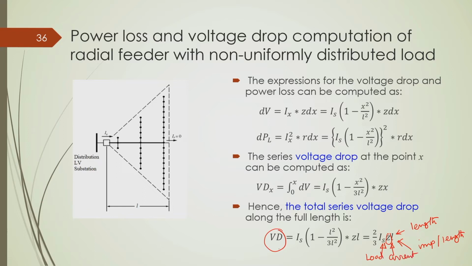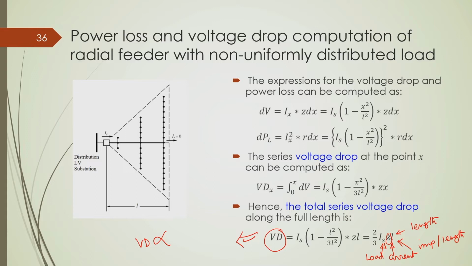So, thereby, for this voltage drop expression, since as I have shown you z is almost constant, we ignore it. The factor 2/3 is of course constant, though it will vary from one service area to another.